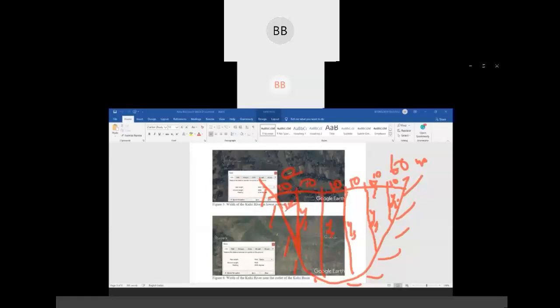So we divide it into a number of sections, and the first and last ones we consider to be triangular sections, and all the others we consider as trapezoidal sections. Suppose this is area 1, area 2, area 3, area 4, area 5, and area 6, and so on. We find out the area.